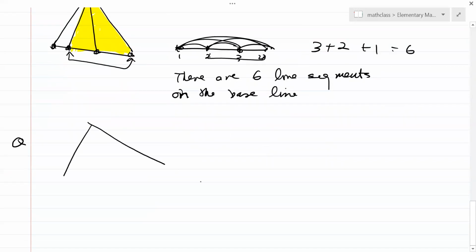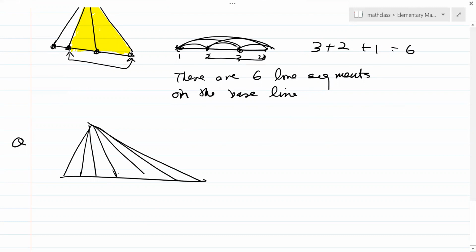So let's add one more. Let's add more triangles here. That was the problem for the middle school kids competition. How many triangles are there?